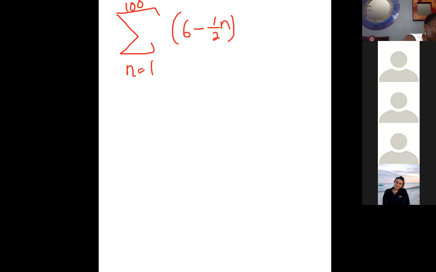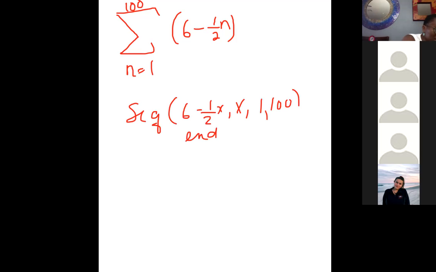So for this one, if we wanted to do the sequence on a graphing calculator, the old graphing calculators, okay, once you hit sequence, it comes up. So we do 6 minus 1/2 x, identify the variable, identify the lower limit, identify the upper limit, and then close the parentheses and hit enter. It will provide every single term in that sequence.